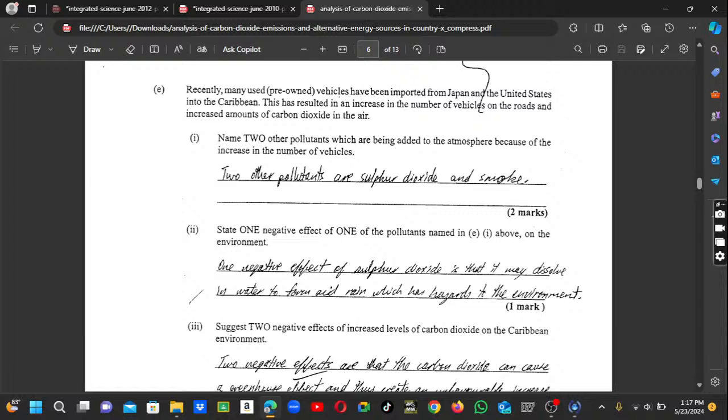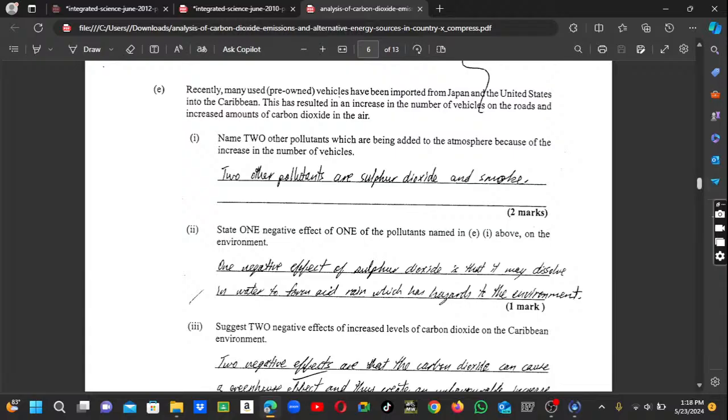Now state one negative effect of one pollutant. One negative effect would be from sulfur dioxide, which may dissolve in water. And then what does it do? It would normally form acid rain, and once it forms acid rain, this is a hazard to the environment. All right, good.